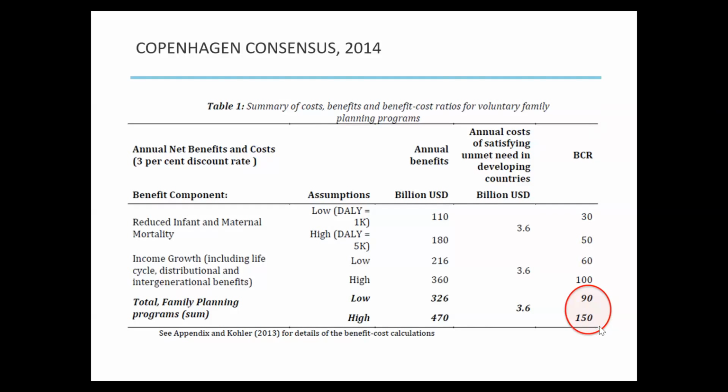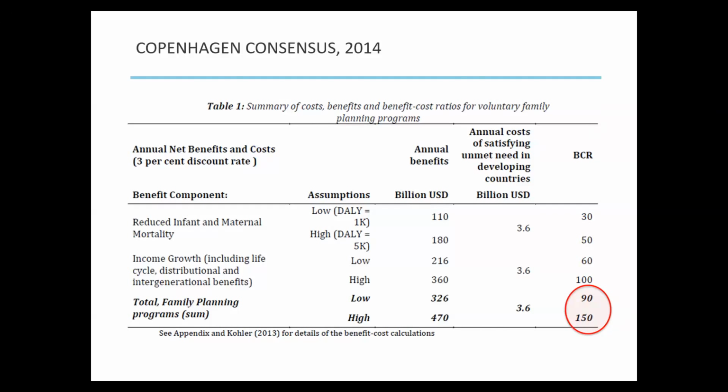So what you see here first is that these analysts took the approach, similar to Guttmacher and the MDG paper, of taking a scenario of what if you met all unmet need. And so what you'll see in the column that has 3.6 billion US dollars is an annual cost. This $3.6 billion actually comes from an earlier Guttmacher study.